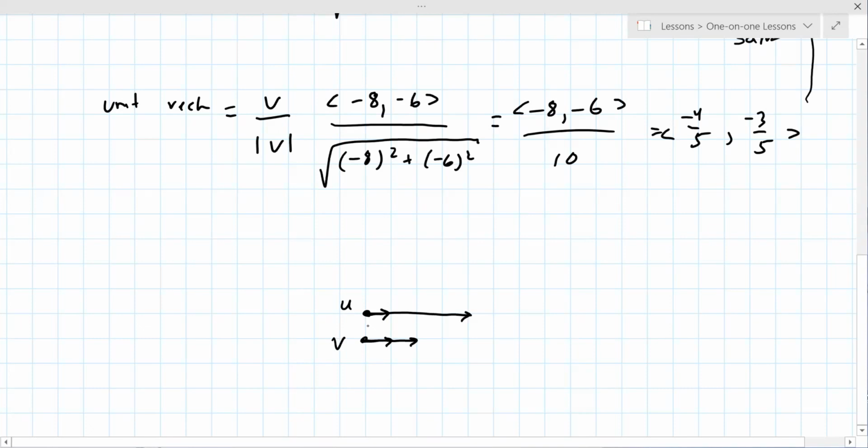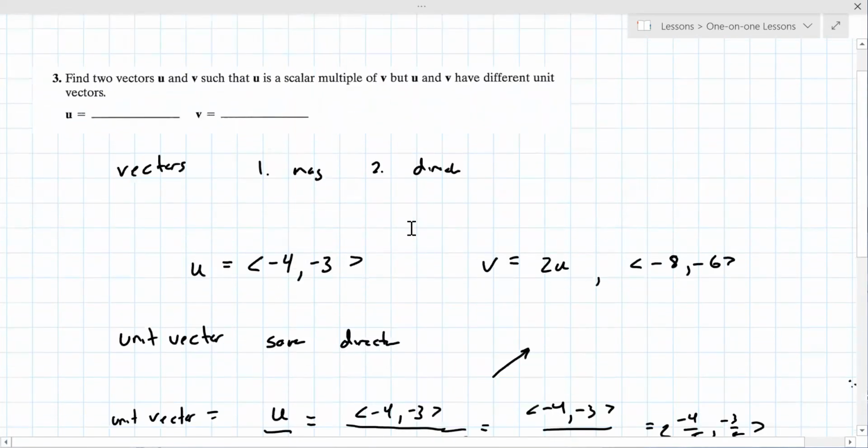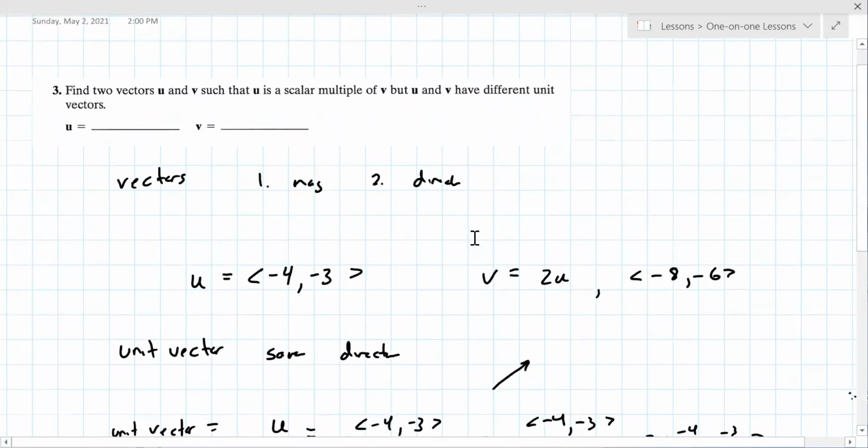Now, to have different unit vectors, the only way to do that is if they go in a different direction. So to have a different unit vector, they have to go in a different direction, and there's only one option. That's a -1, or like a -2 or -3 or so on. But it has to go in a different direction for it to be a different unit vector.